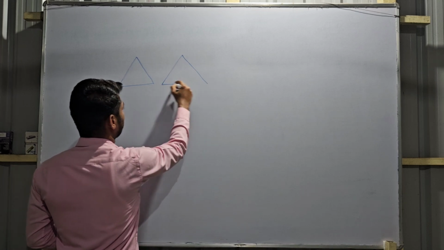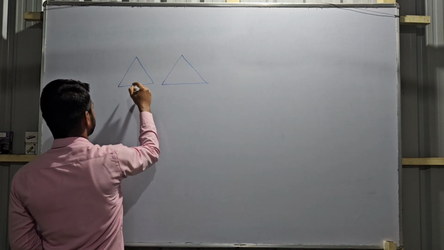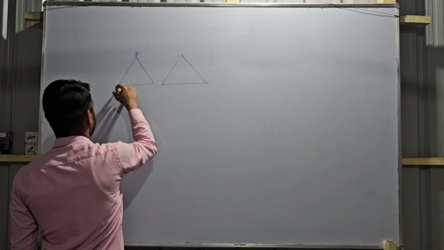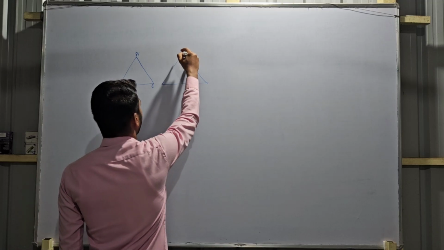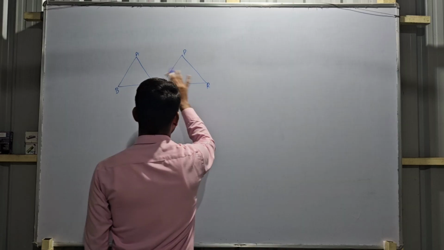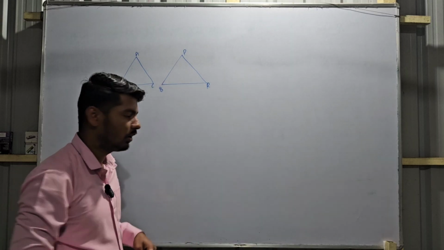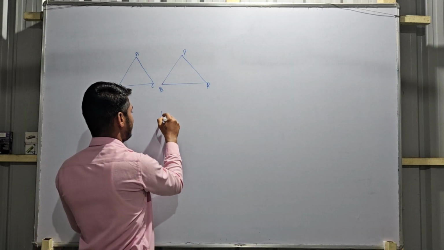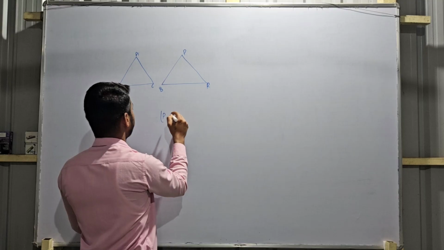Two triangles are congruent if the corresponding parts are equal. Suppose this is A, B, C and this is P, Q, R. If these two triangles are congruent, then corresponding sides and corresponding angles must be equal.